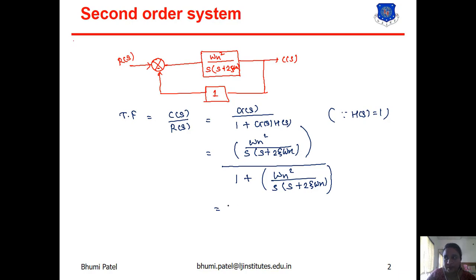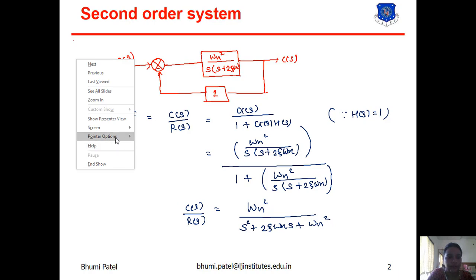Now simplify this equation. You can get omega n square upon S square plus 2 zeta omega n S plus omega n square. So this is the final transfer function of this block diagram, where two unknown terms are given.